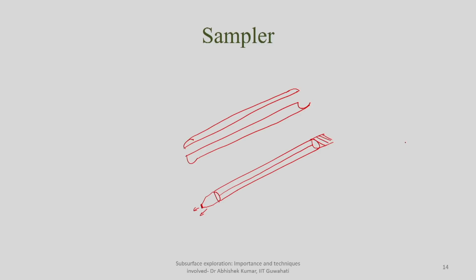This same thing is on the vertical face. And then you have the drill rod, depending upon whatever is the depth of interest, of consistent diameter. This is your depth of investigation.